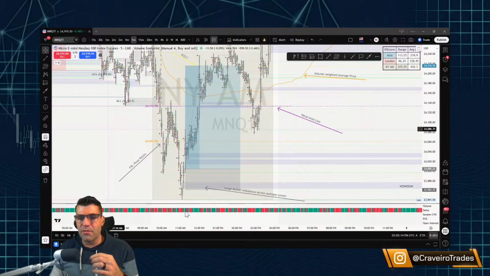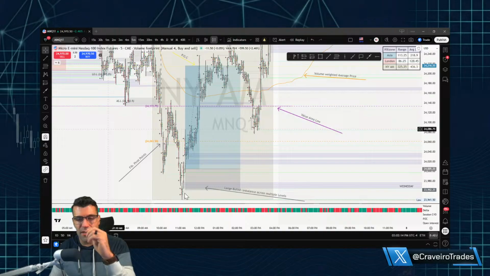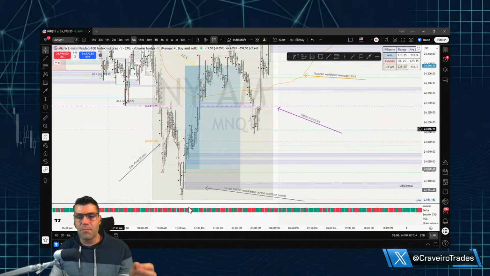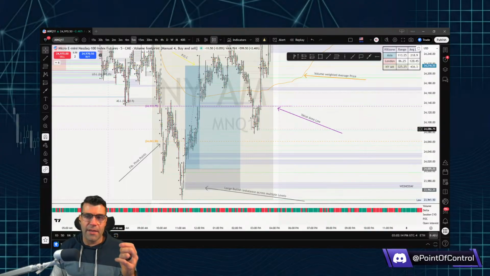This is super zoomed out, so it looks horrible. But if we were to zoom in, one of these candles is going to have a delta divergence. I'm sorry, not a CVD. A delta divergence, meaning a blue or green candle with a red delta, or a red candle with a green delta. And that's going to be a delta divergence.